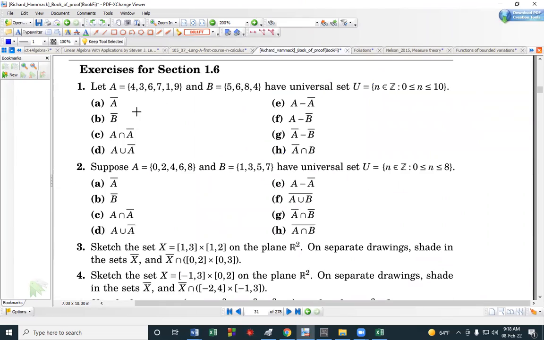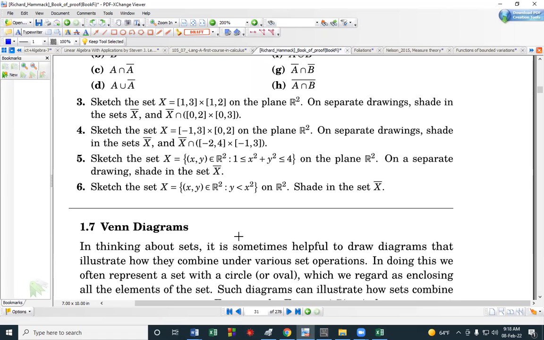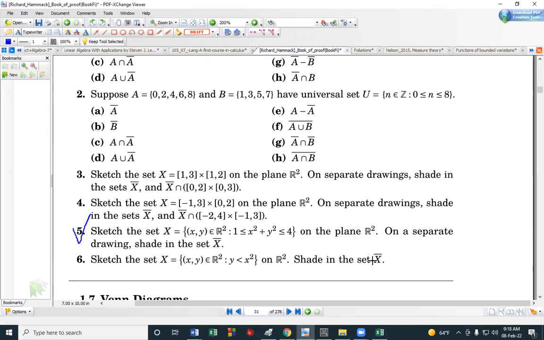Well, again, go through all of exercise 1.6 and let me know if you have faced any difficulty. So they are saying the set of (x, y) in R2 such that the sum of the squares of these two coordinates is between 1 and 4. So let's draw these things here.